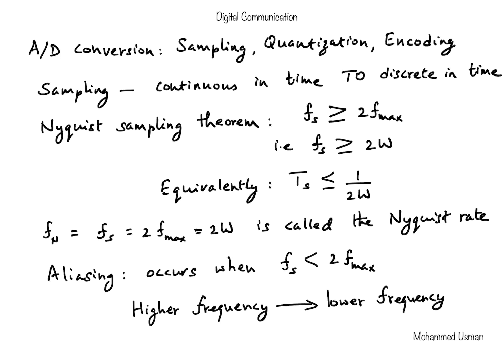And then we also discussed the situation when this condition imposed by the Nyquist sampling theorem is violated. So if we sample a signal at a rate less than the Nyquist rate, then what happens?